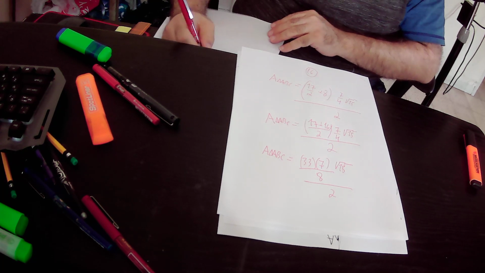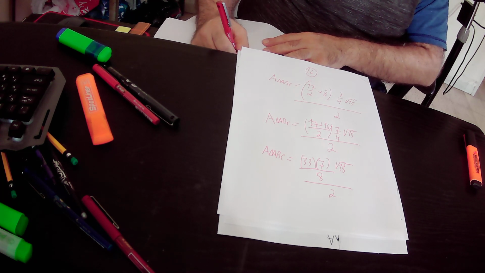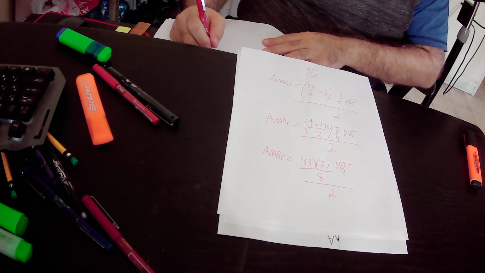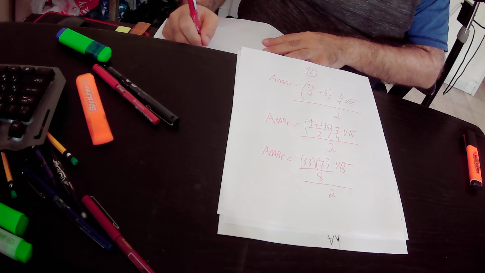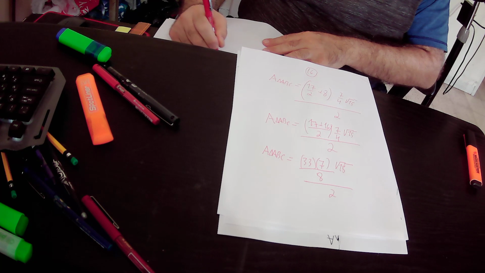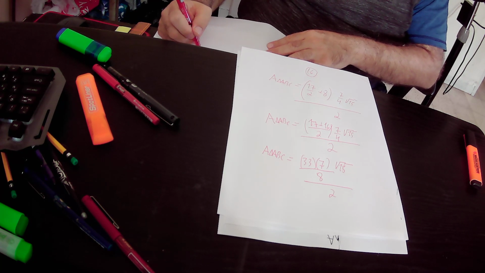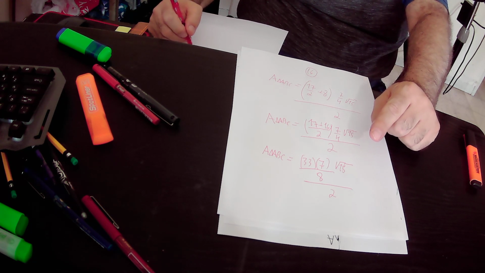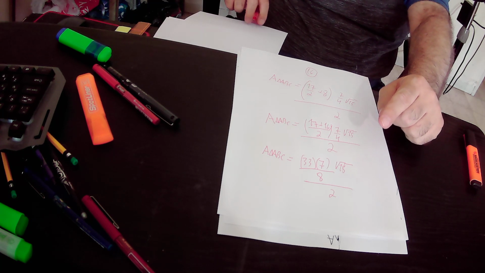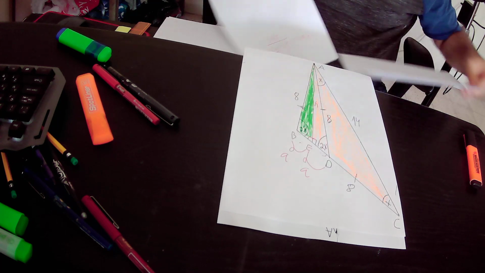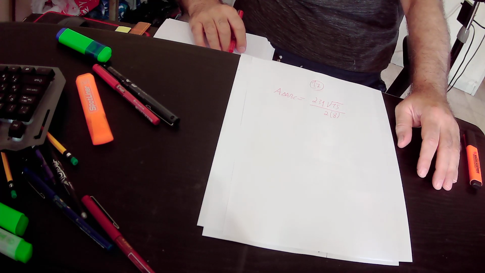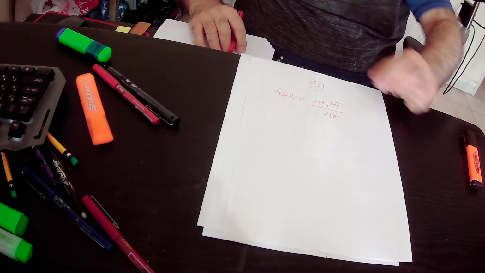So in total we will get that the area of triangle ABC equals 33 times 7, which is 231, times root 15, and here we have 2 times 8. 2 times 8 is 16, so write it down.